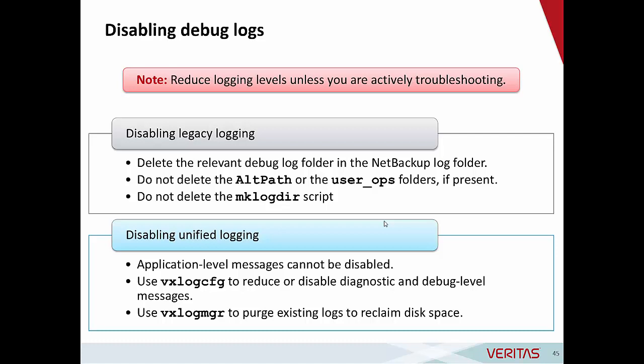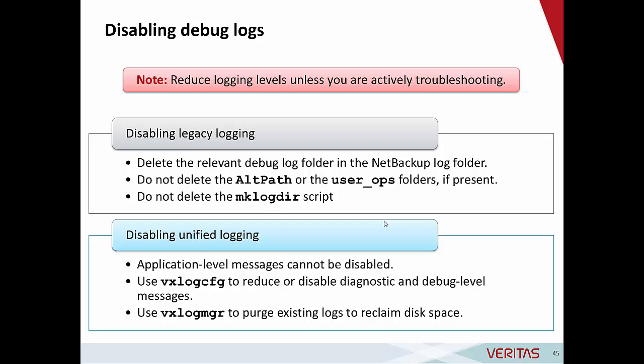When it comes to unified logs, remember that unified logging cannot be shut off completely. If I needed to reduce the amount of unified logging that was happening, I would use vxlogconfig to reduce the verbosity of the debug and diagnostic level messages. Reduce it all the way down to 0 if you want to, and so that way, even though I can't disable the log, I will drastically reduce its size.